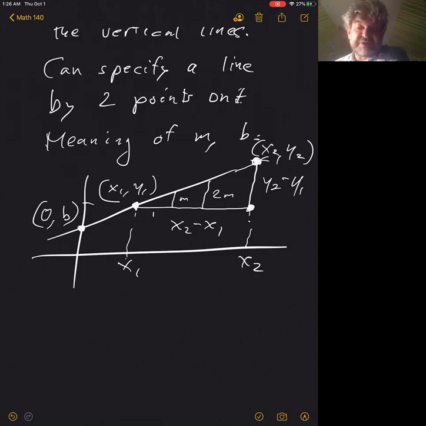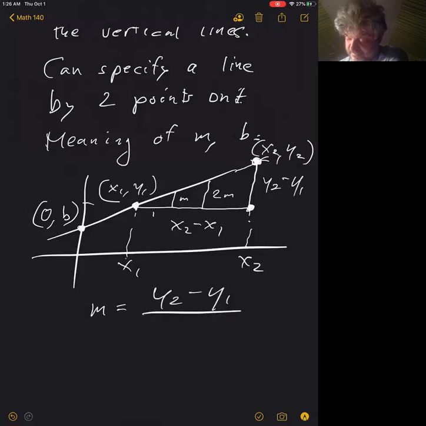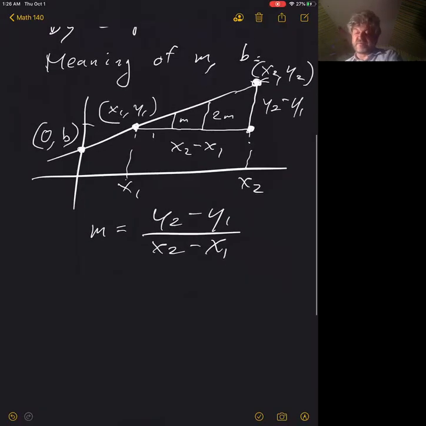And the ratio between those two differences is m. Always m for that given line. Why is that so? You can plug in x1 and x2.